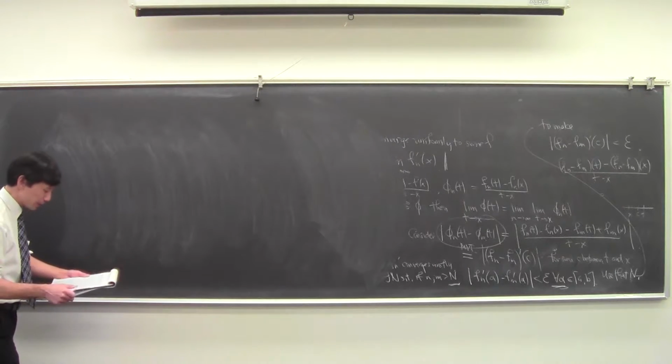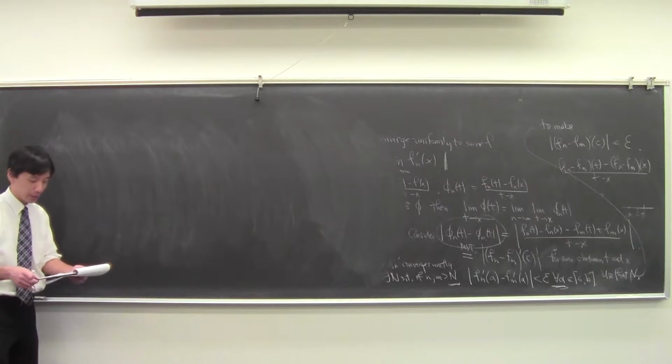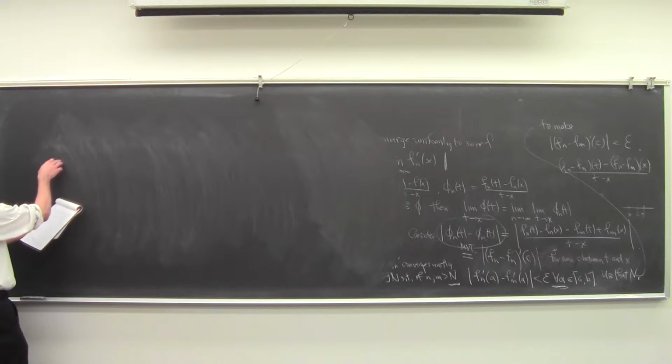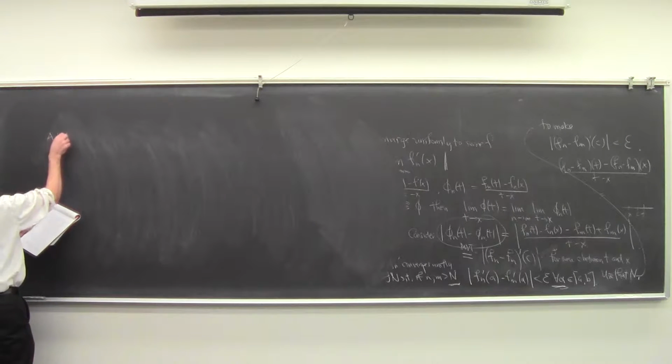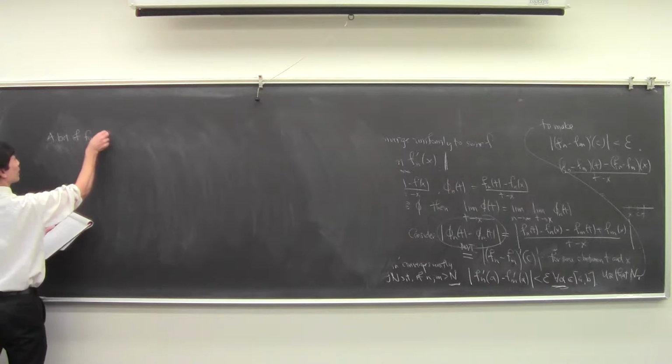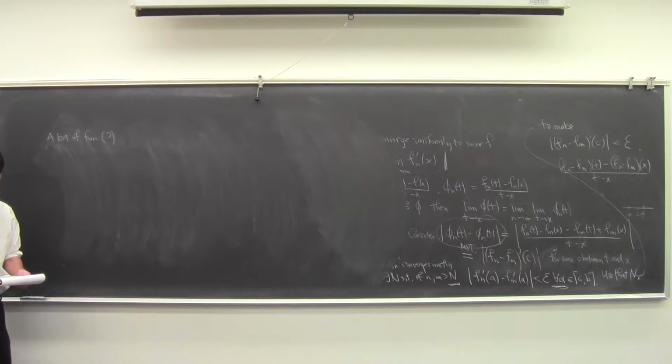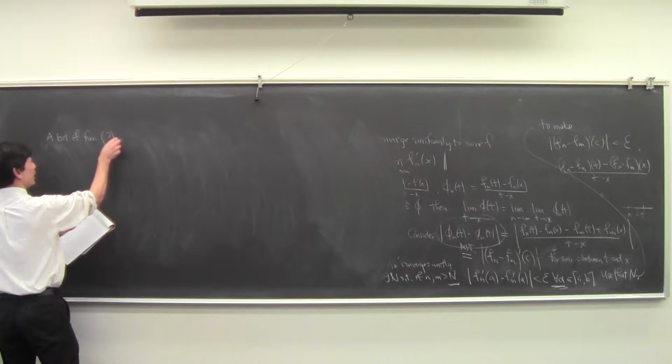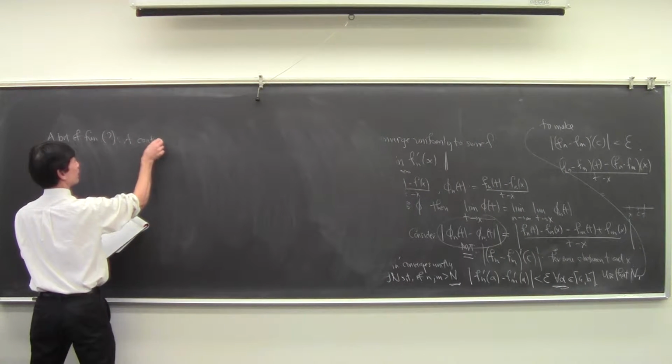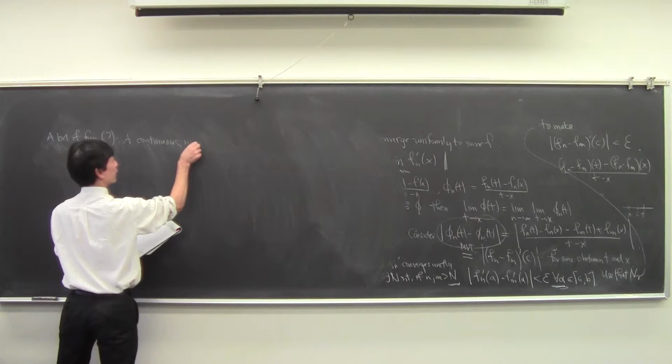At this point in the text, Rudin throws in something for fun, I think. Although given my last evaluations, I don't know how you'll take this. It's a continuous nowhere-differentiable function.